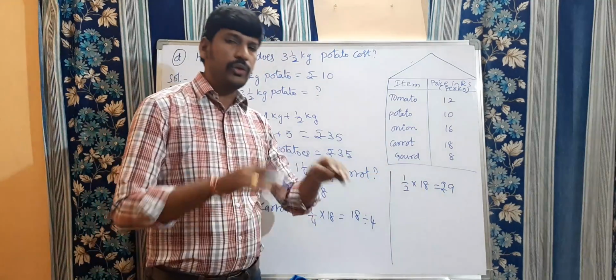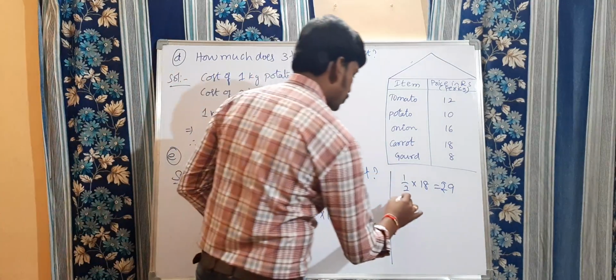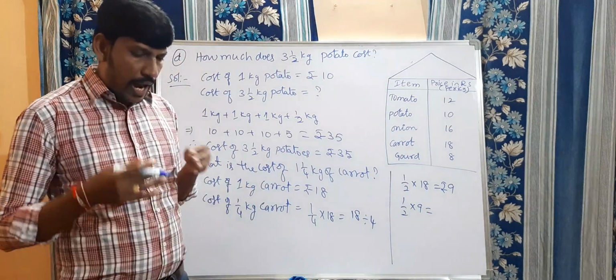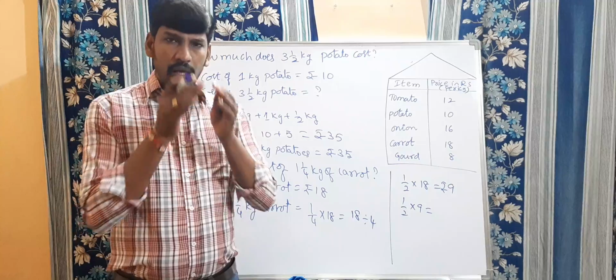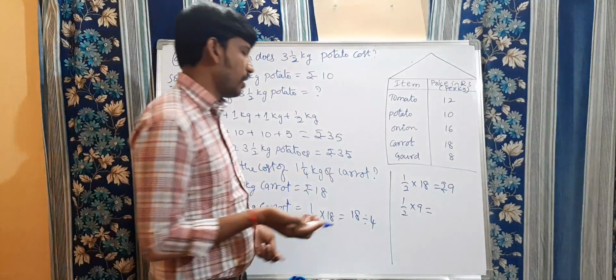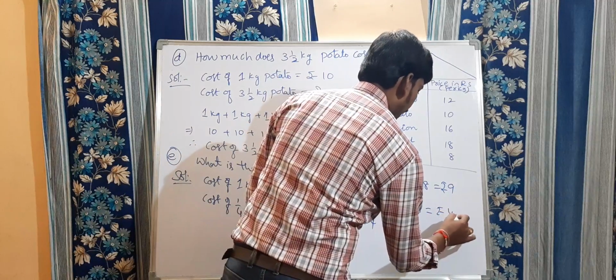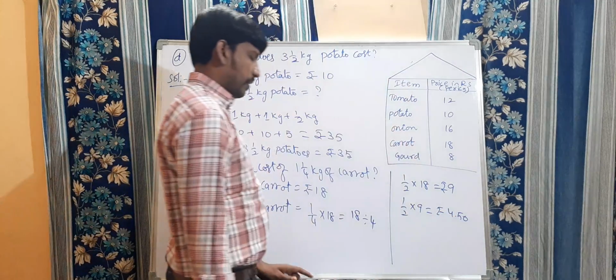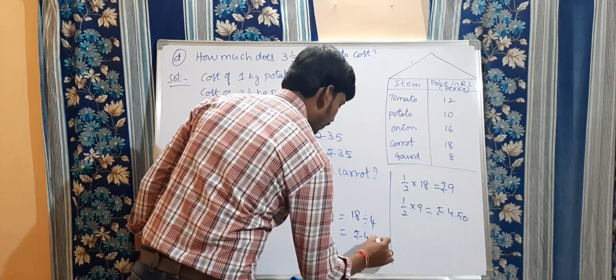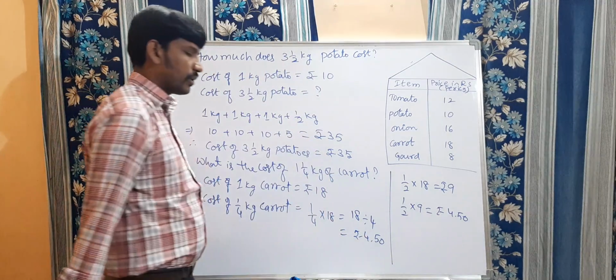Again in 9, you need to find the half. What is half of 9 rupees? Or in 90 rupees, half is 45. So that is rupees 4.50. This is 1 by 4th of a kg.